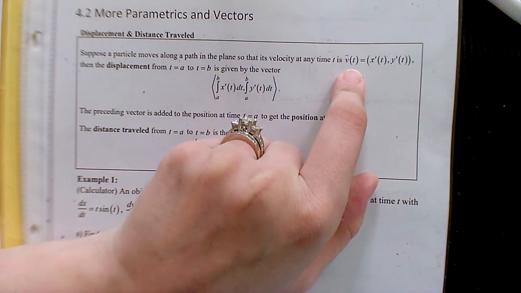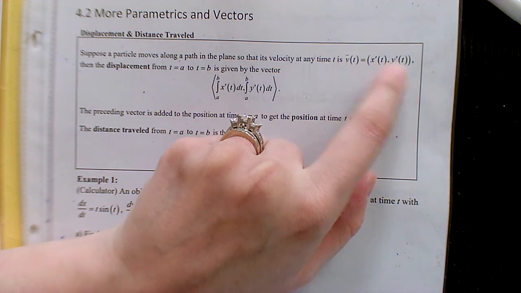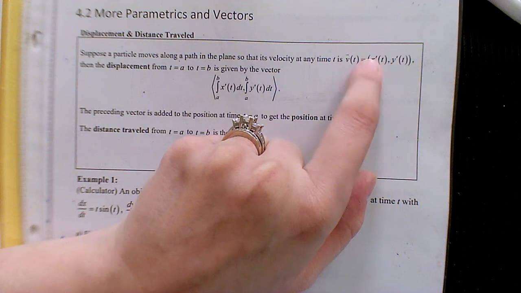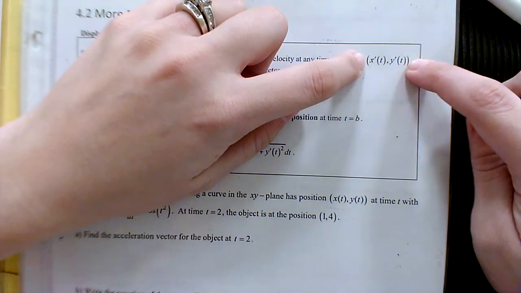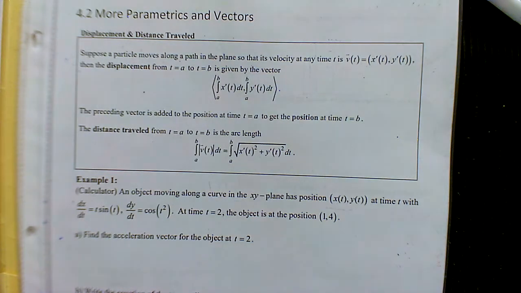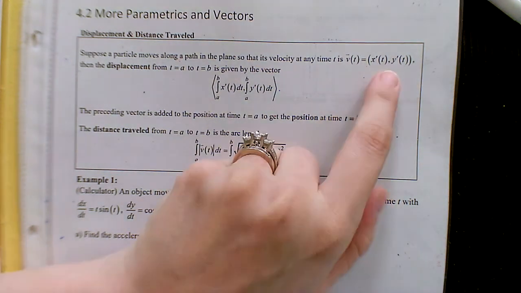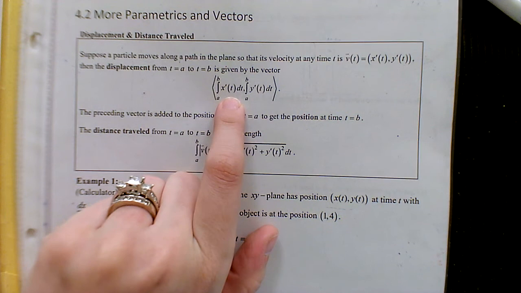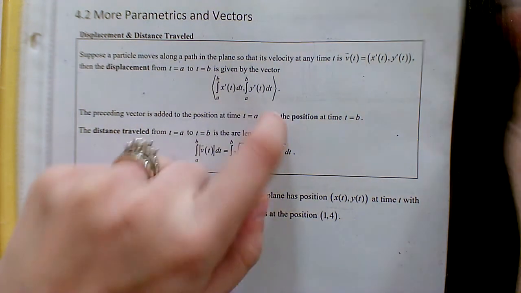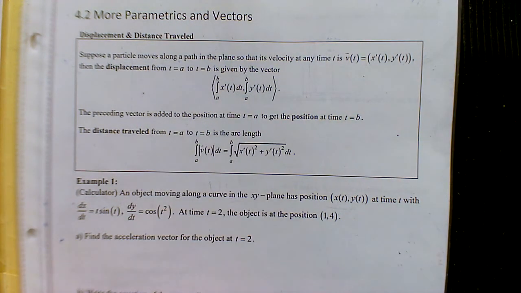Remember, velocity is the first derivative of position, so you're just going to write your first derivatives in a coordinate notation. You can use parentheses or those chevrons, kind of like the arrows. So if you take the derivative of position, you get velocity, but if you work backwards from velocity, that should tell you something about your position.